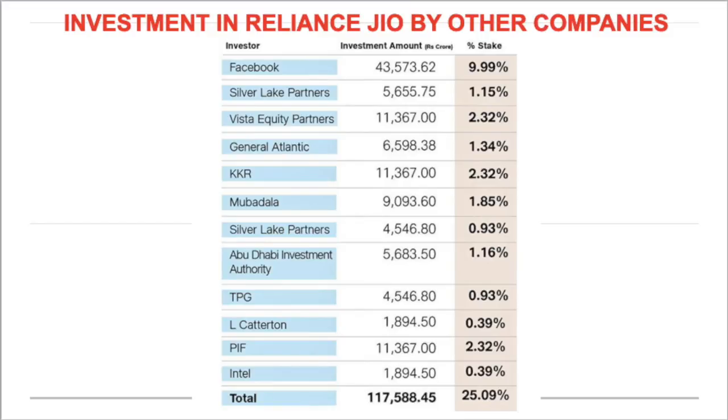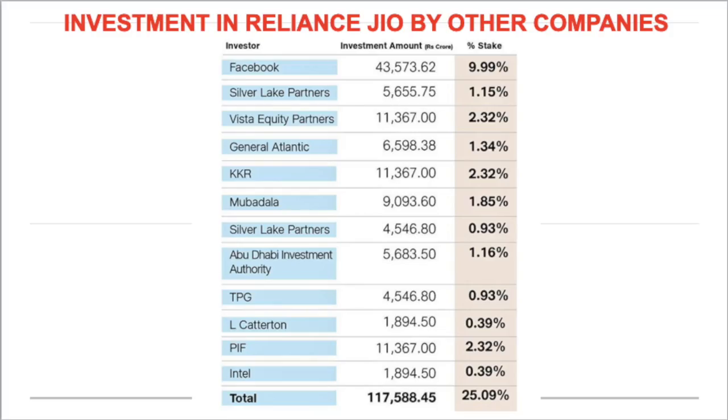My dear friends, you must have seen in the newspaper, TV and radio, you must have heard people talking about it, that so many companies have invested in Jio telephones. I'm giving you the list. The first one is Facebook. Approximately 9.99% of Jio investment has come from Facebook.